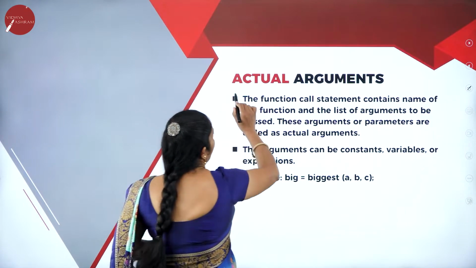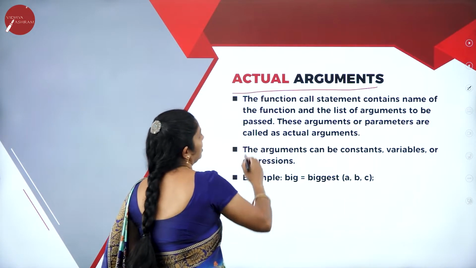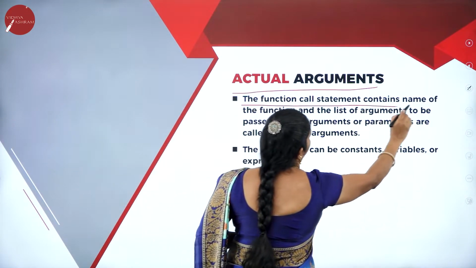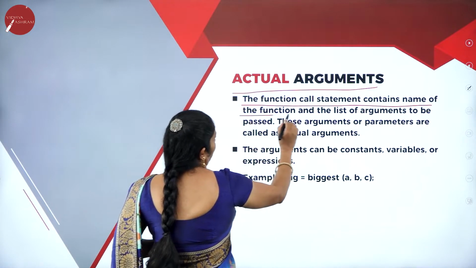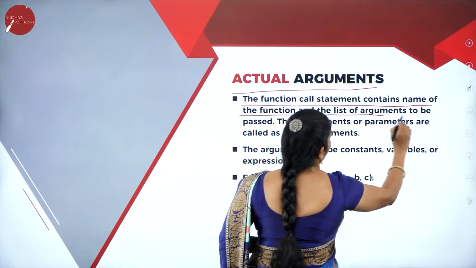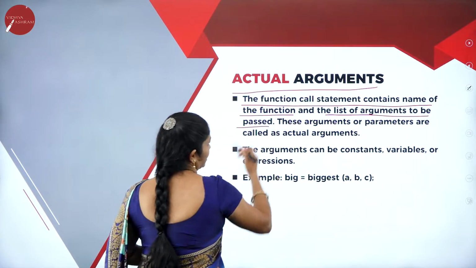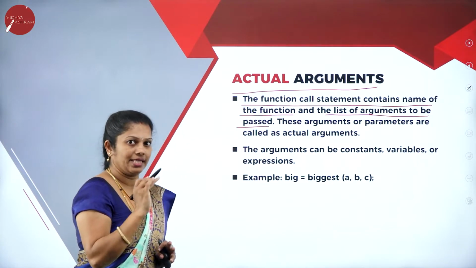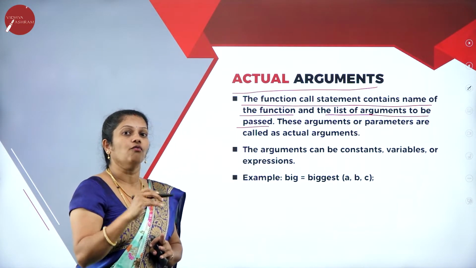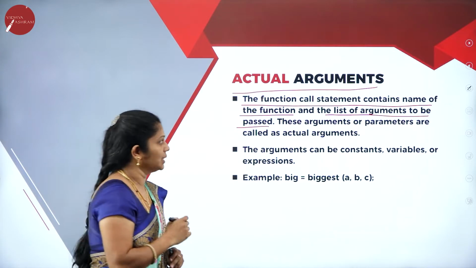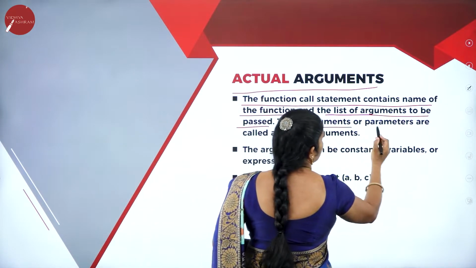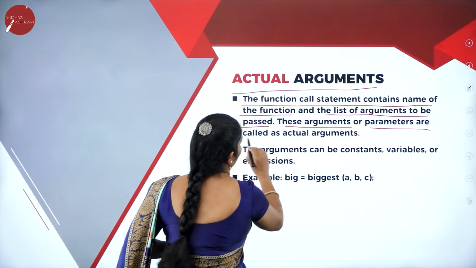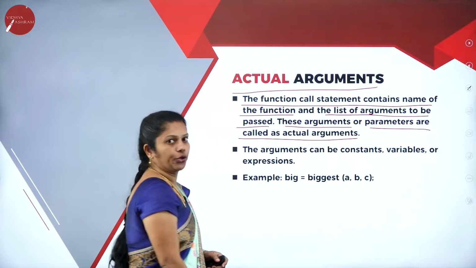When we come to actual arguments, the function call statement contains the name of the function and the list of arguments to be passed. It means that it contains the name as well as the list of arguments we want to pass. These arguments or parameters are called actual arguments.